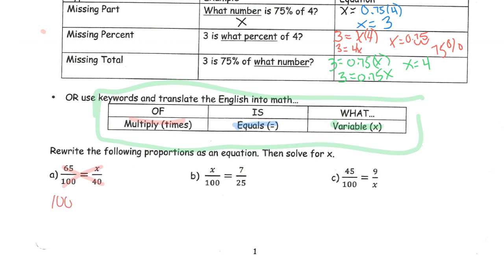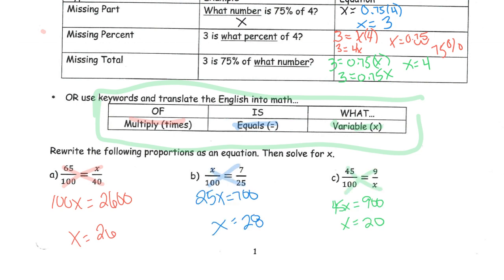So we get 100x equals 2,600, and then solve, and you get 26. All right, I want you to do B and C. Hopefully for B you got 28, and for C you got 20. We just cross multiplied and then simplified from there. Let's go to the next page, the back.